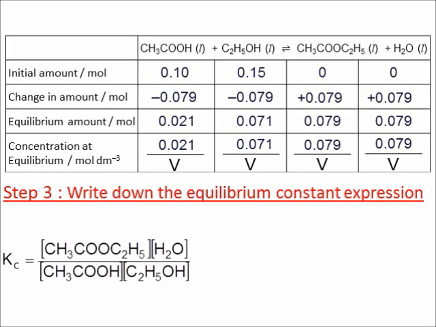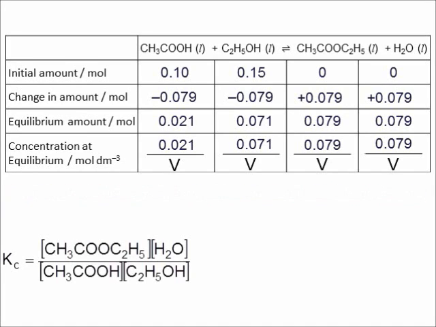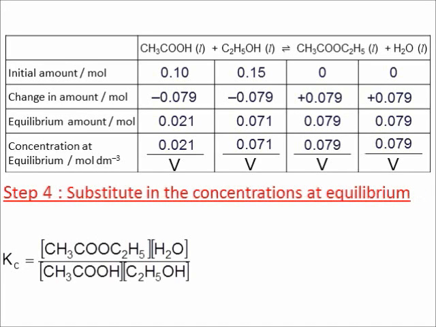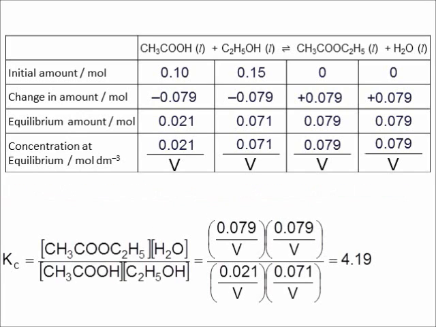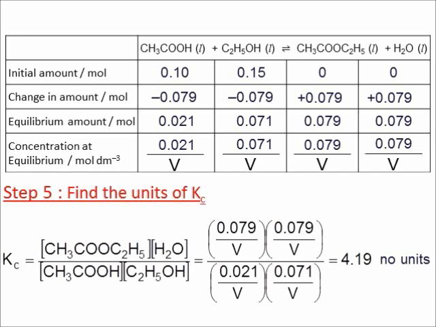Each concentration is raised to the power of 1, which is the stoichiometric coefficient in the balanced chemical equation. Substitute in the equilibrium concentrations, V will cancel off, and we obtain Kc to be 4.19. And there are no units.